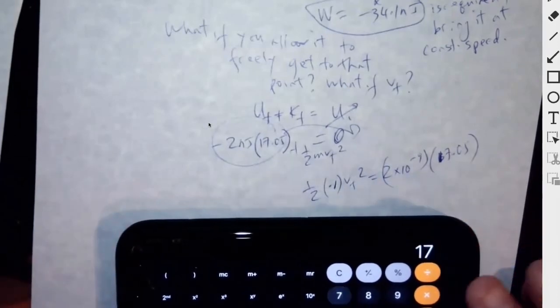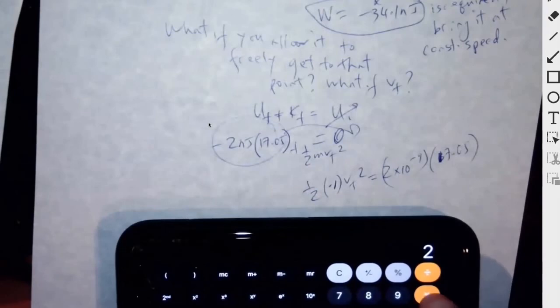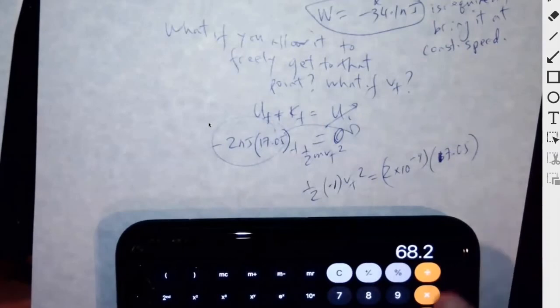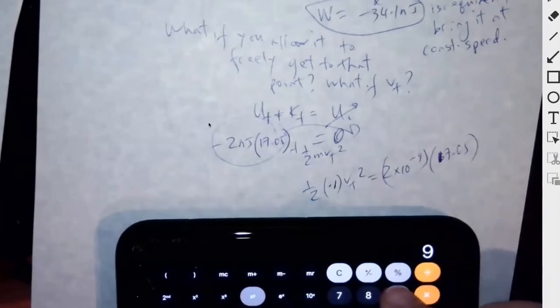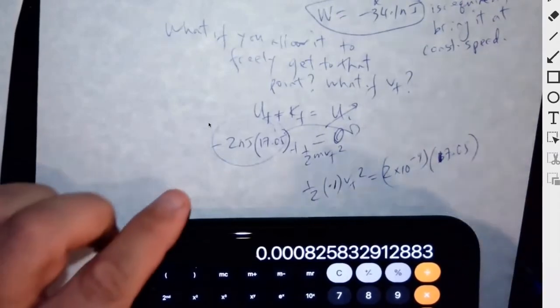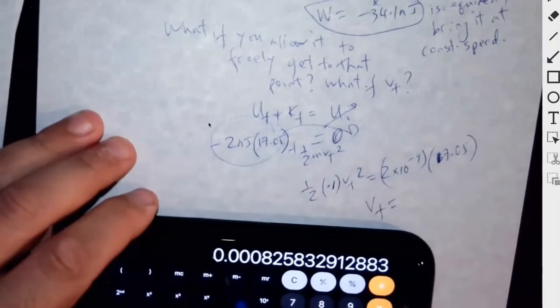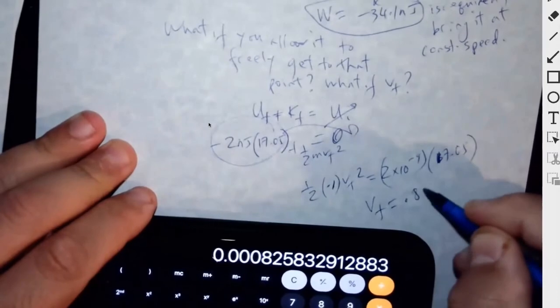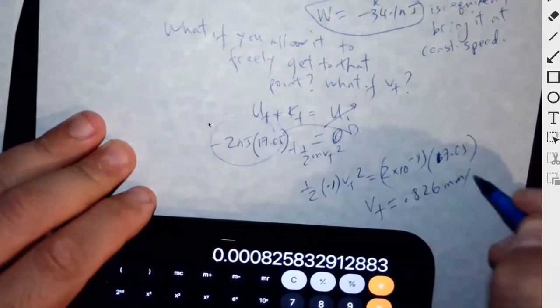So 17.05 times 2 times another 2 from here, divided by 0.1 times 10 to the power of 9 negative, then take the square root of that. Then move the decimal over 3 places, and it will be 0.826 millimeters per second.